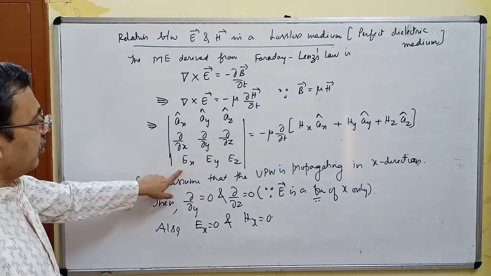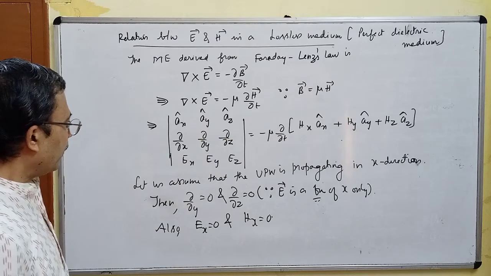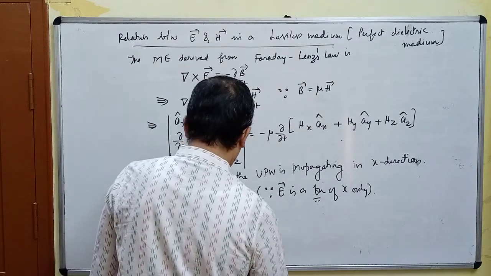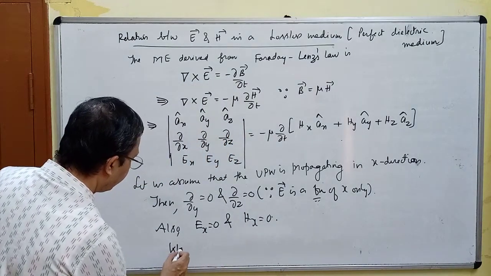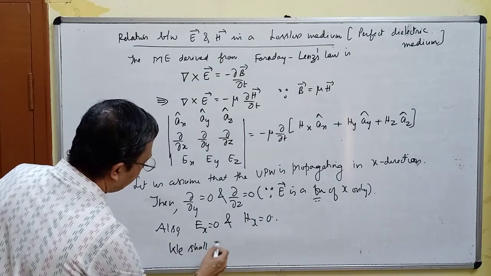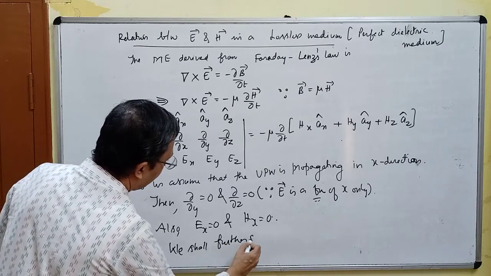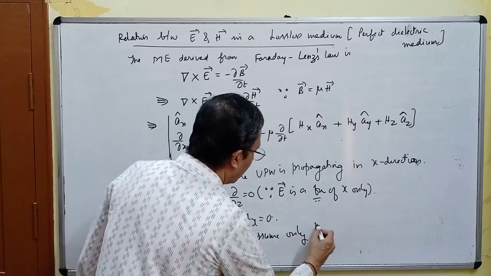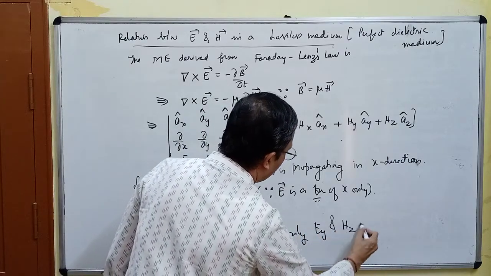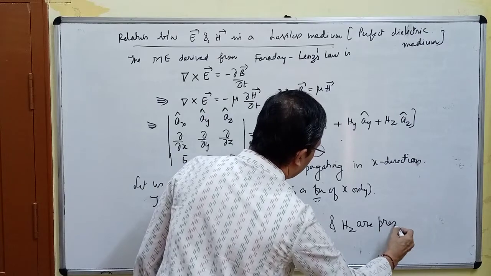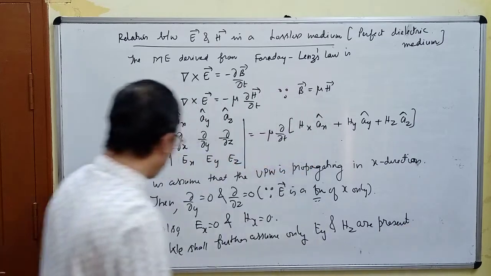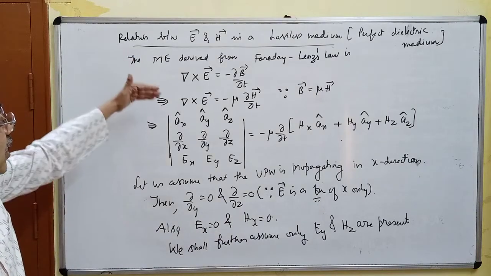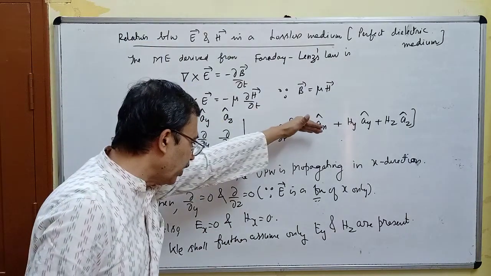We shall further assume only Ey and Hz are present. Why Ex is equal to 0 and Hx is equal to 0? Because there is no component of vector E and vector H in the direction of propagation.